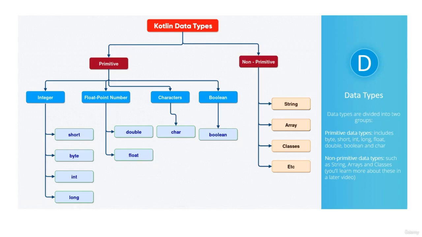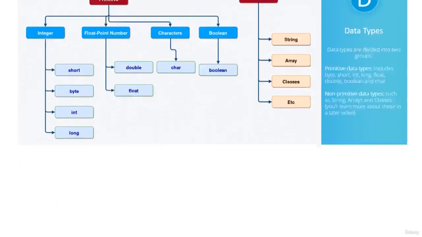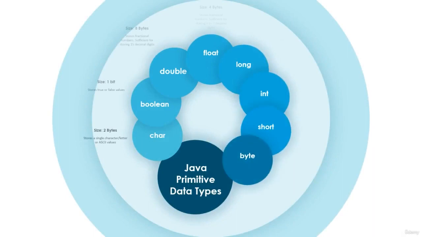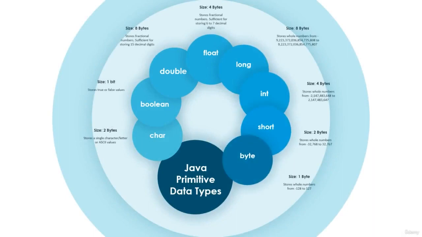Primitive data types include byte, short, int, long, float, double, Boolean, and char or character. You'll learn more about non-primitive types in a later video when we talk about object-oriented programming. Let's look into the Kotlin primitive data types.